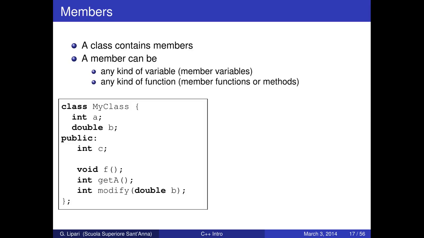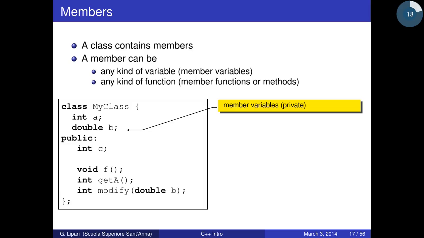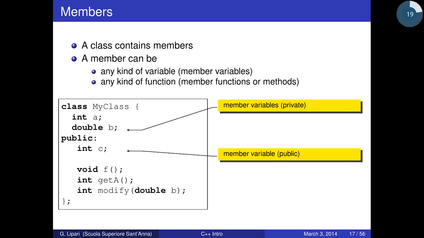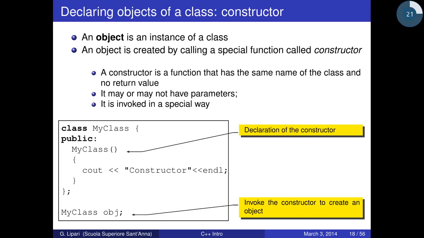A class contains members, so everything inside a class is called a member. Typically a member can be any kind of variable, and these are called member variables, or any kind of function. These are called member functions or methods. Okay? So B is a member variable, C is another member variable, getA is a member function.